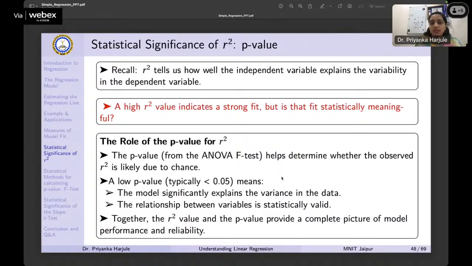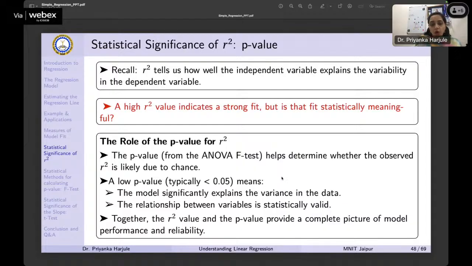Okay, so the p value is calculated using the f test, which will help us determine whether the obtained r square is likely due to chance only, or it is actually significant. Is it actually telling us the variability?